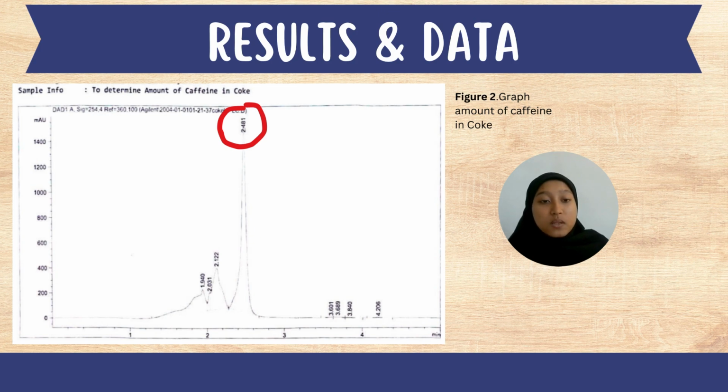Why? Because in the previous figure, the caffeine eluted in the standard caffeine is 2.482. So basically it has the same range of retention time value, so we can say that there is the presence of caffeine in this Coke sample.